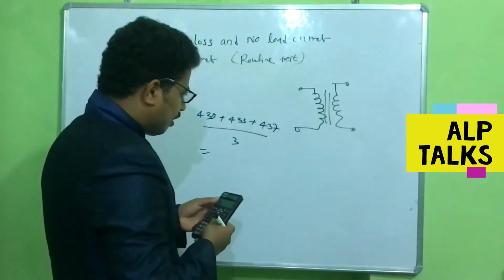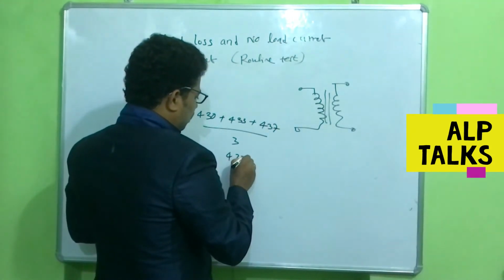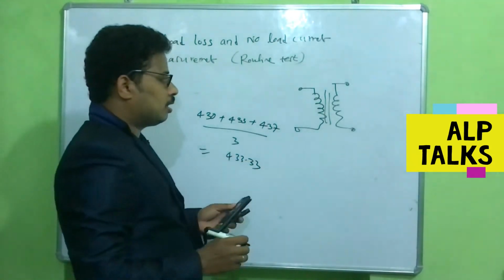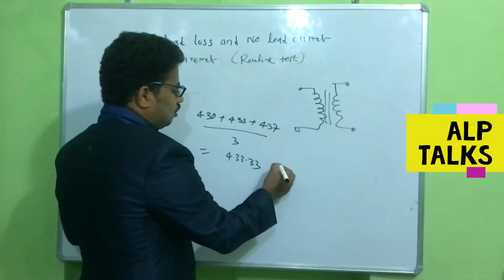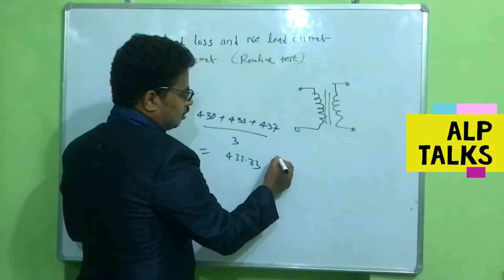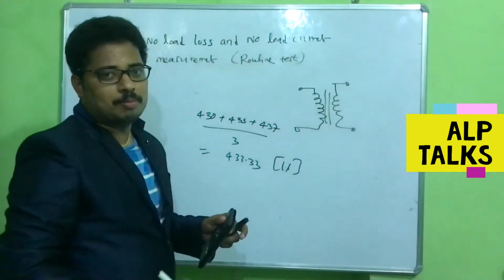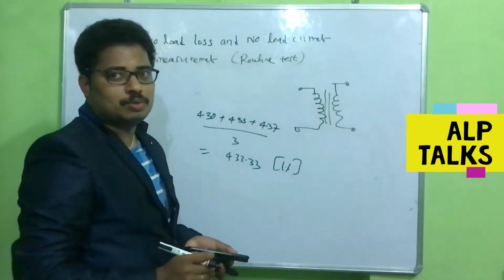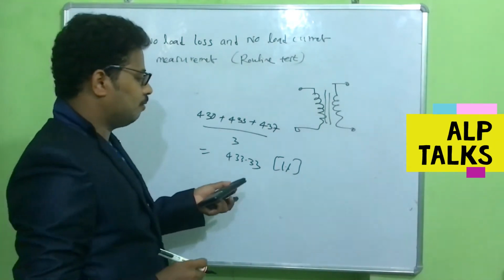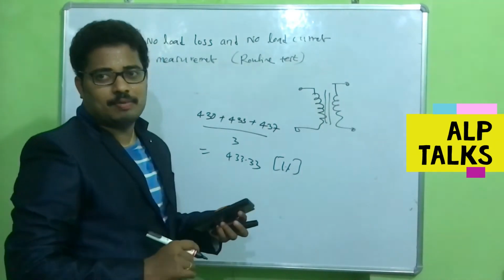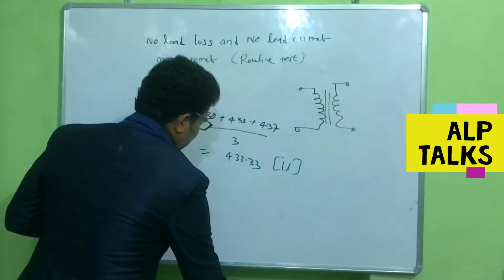So we got 433.33. So the average voltage of all the phases together should be within 1%. Then only we should perform the test. Otherwise, the test should be discontinued, because the variation in the voltages will give wrong results for us.